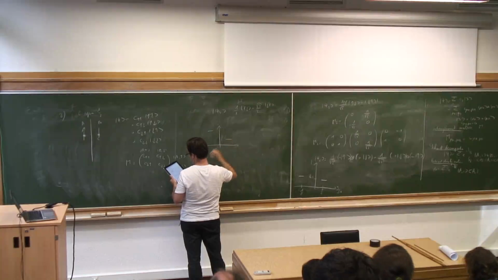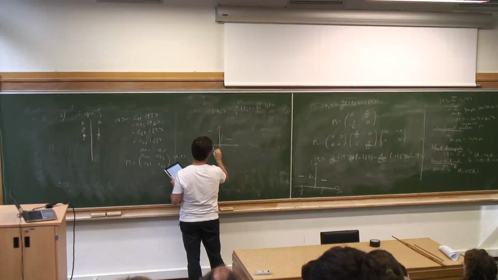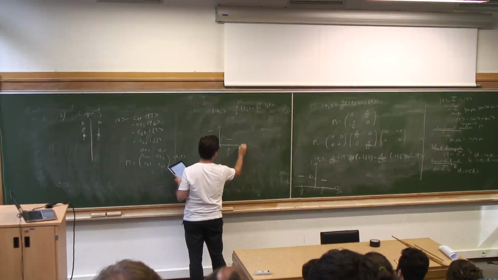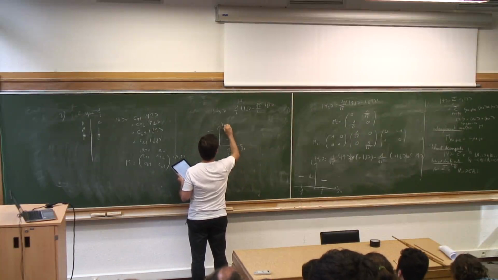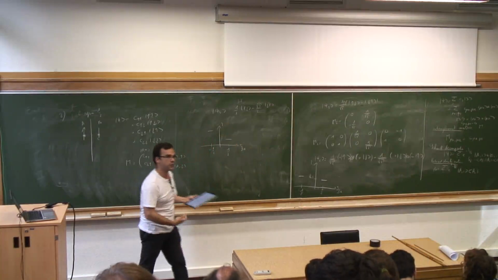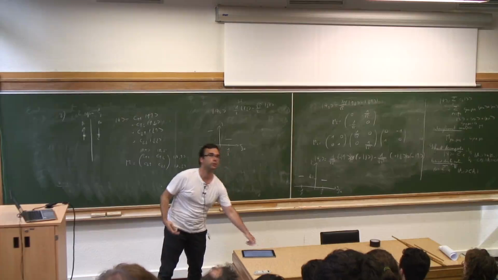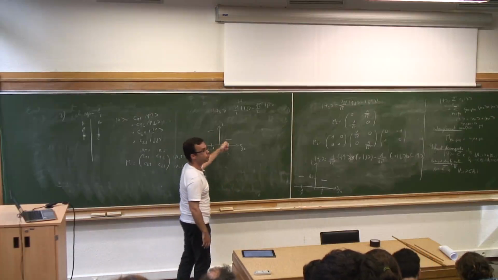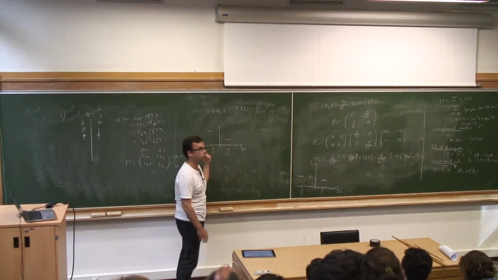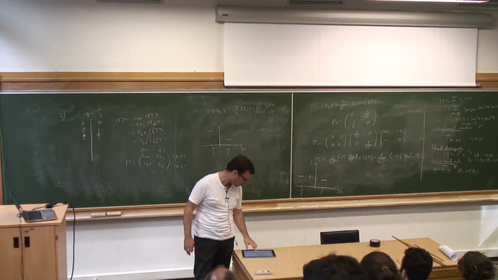So one here, one here. Once again, to check whether this state is entangled, you just count. Two levels, entangled. Just one level, not entangled.